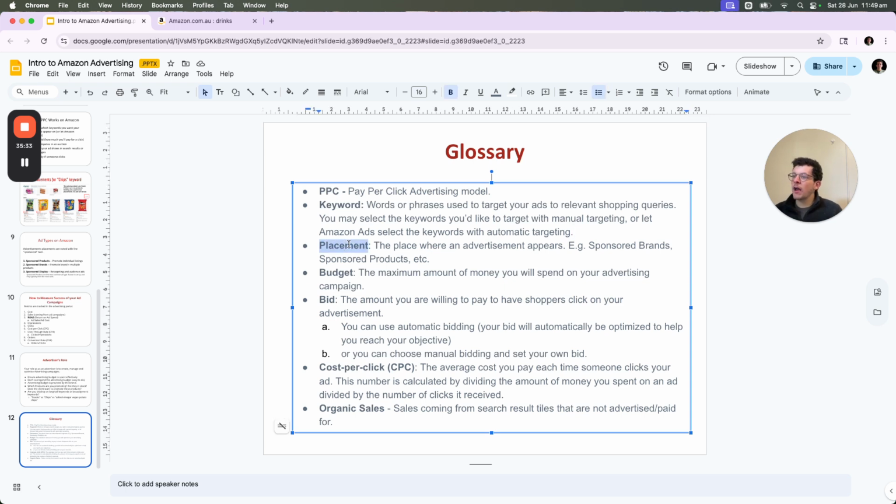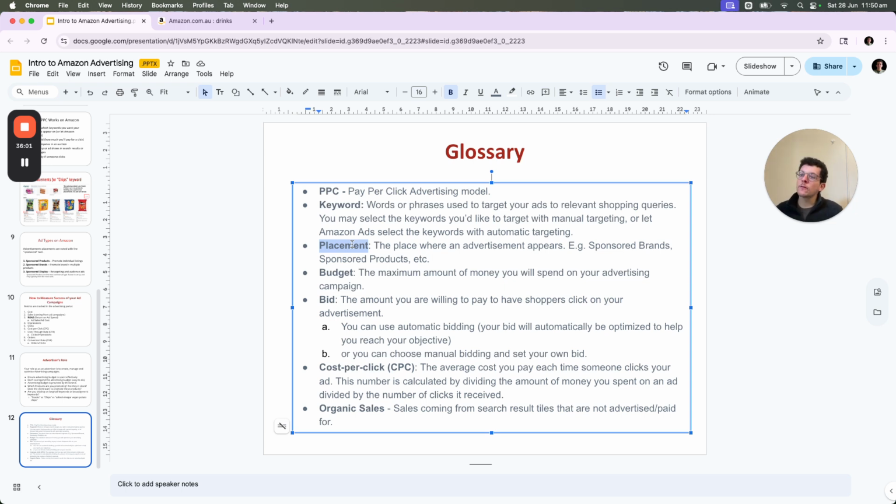Placement, so this is what type of placement the advertising campaign that you've set up is targeting. You will set up different ad campaigns for different placements. There are sponsored brands, sponsored products, and sponsored display. They have different placements. If you want your products to appear in a sponsored brand, you will set up a separate sponsored brand campaign.